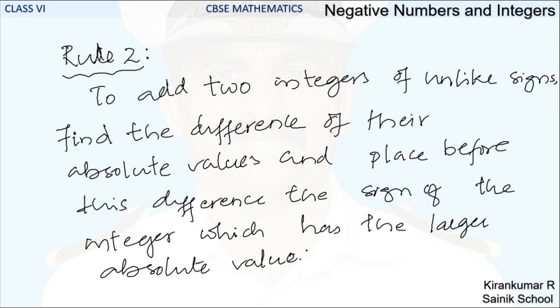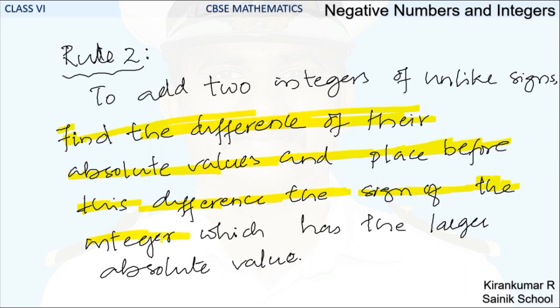Please understand word by word in this rule. When unlike signs are there, we need to find the difference of their absolute values and place before this difference the sign of the integer which has the larger absolute value.